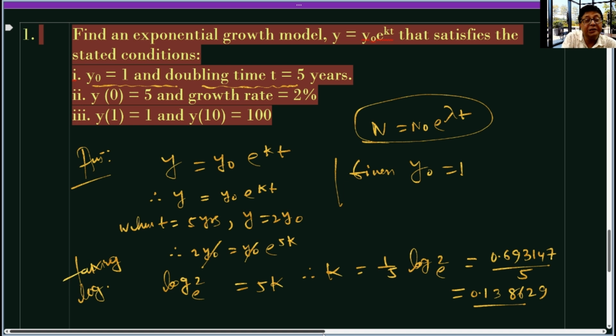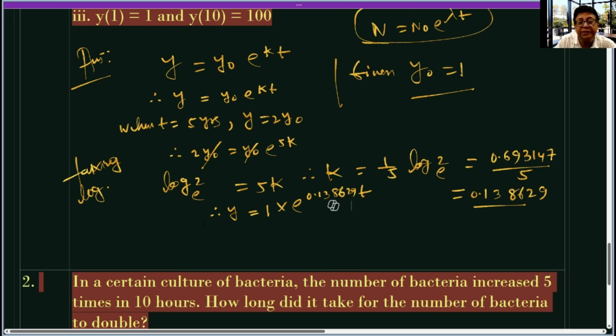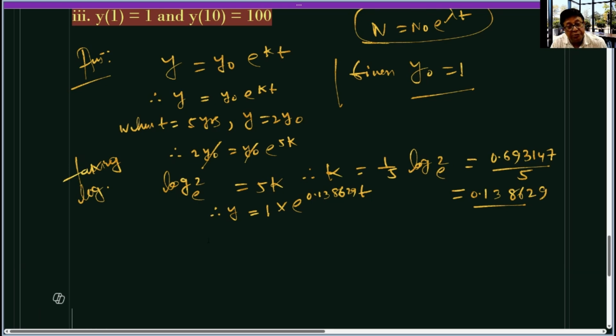So they have asked to find the exponential growth model. What is the growth model here? So y equal to y0, y0 means 1 they have given, 1 into e to the power kt, k we got. This is the required thing. Clear? Hope you have understood.